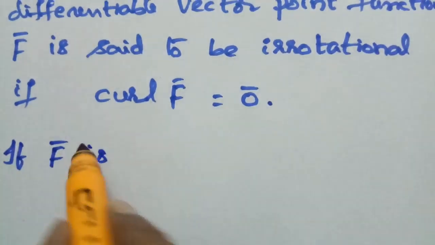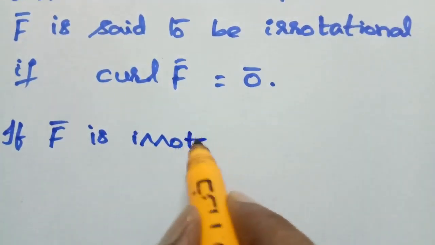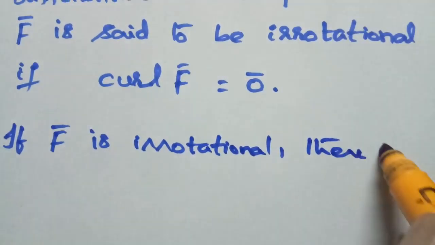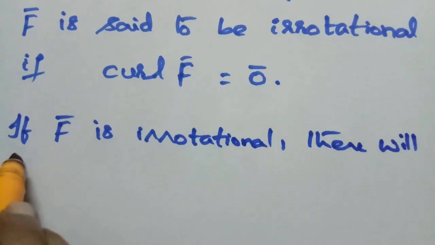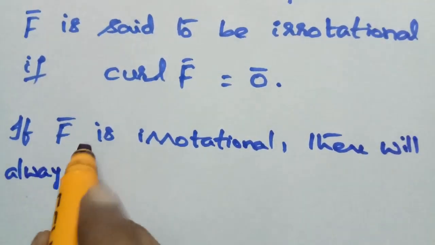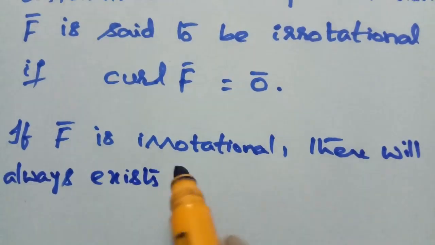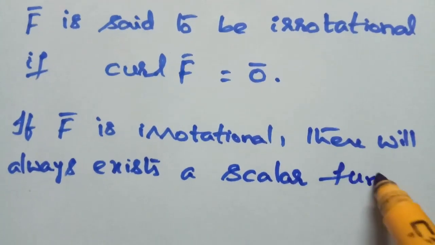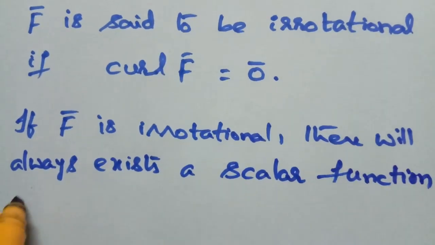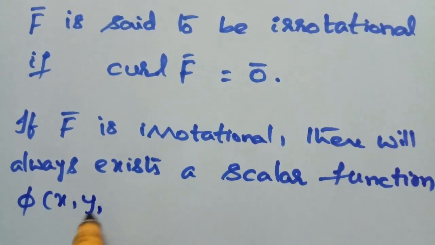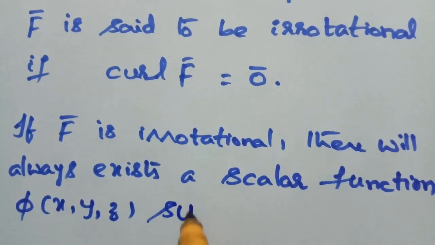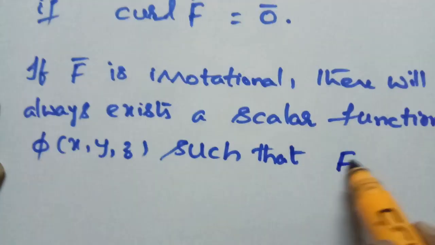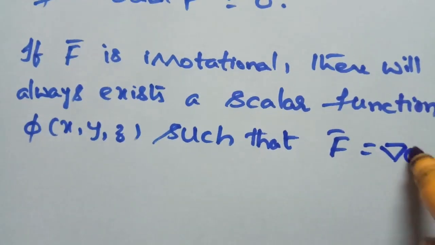So, if f bar is irrotational, there will always exist a scalar point function phi of x comma y comma z such that f bar is equal to del phi.